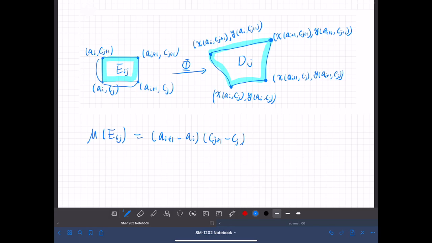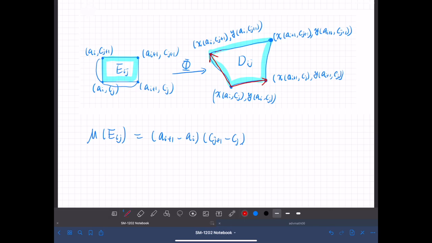And the area of dij is a little bit hard to calculate, so we introduce an approximation. So instead of treating this shape exactly, we approximate it by a parallelogram using these two vectors, this one and this one.